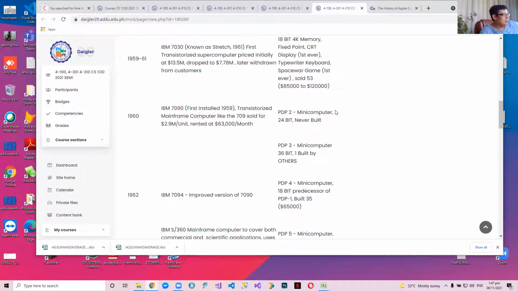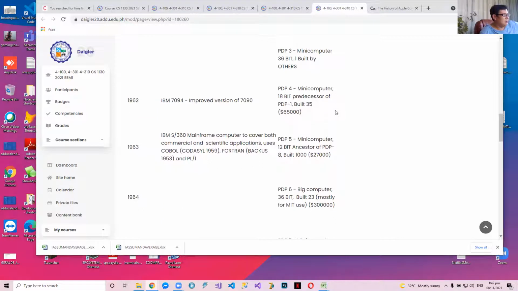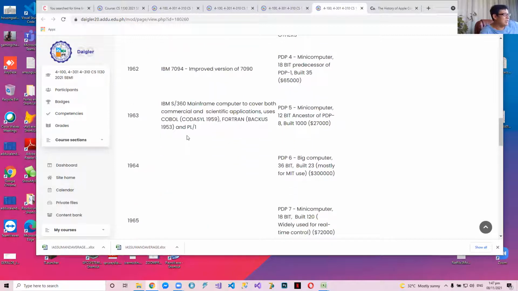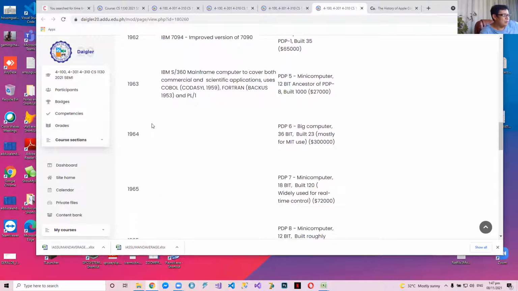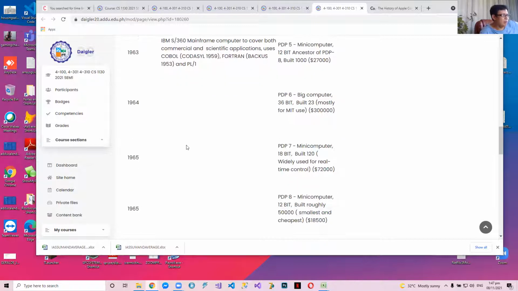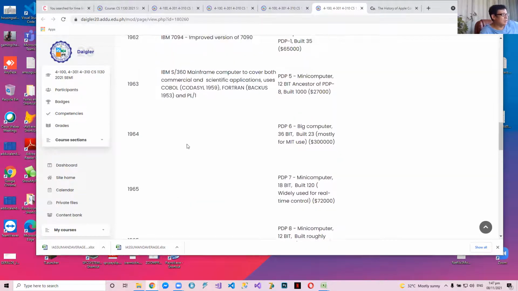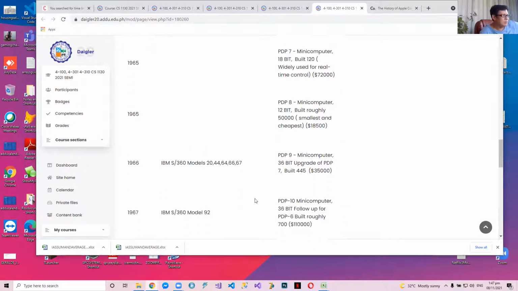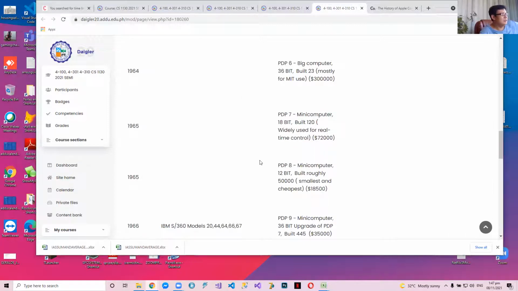Okay, so by 1963, a new generation is coming. It's called the generation of the microcomputers, during the late 60s, 1965, 66, and so on and so forth.